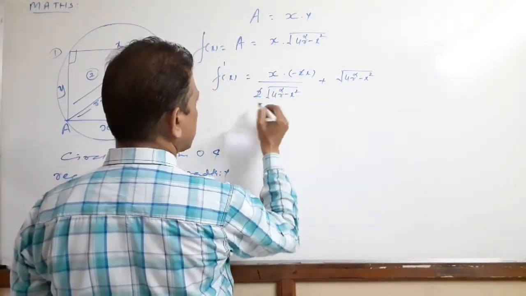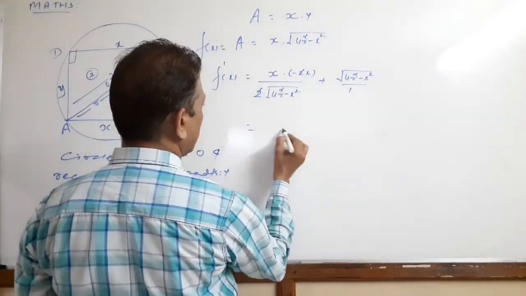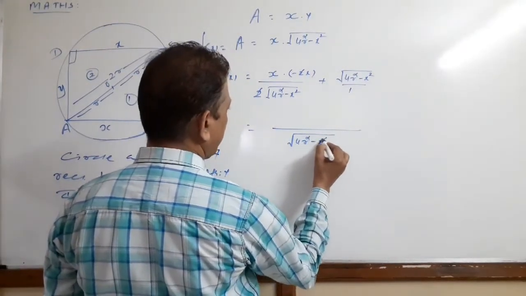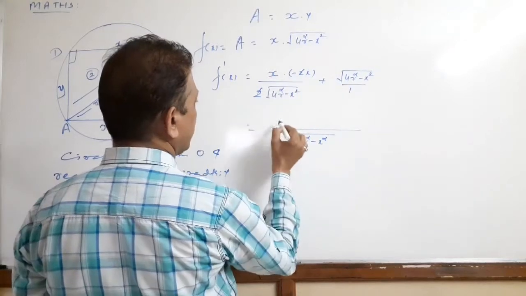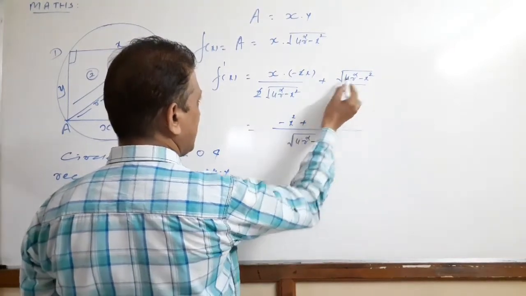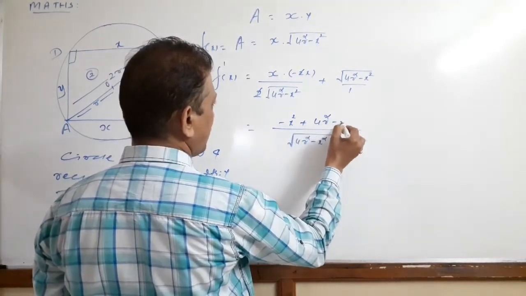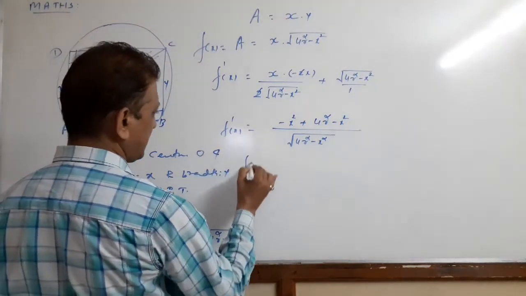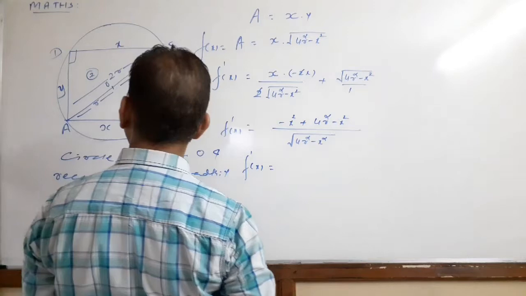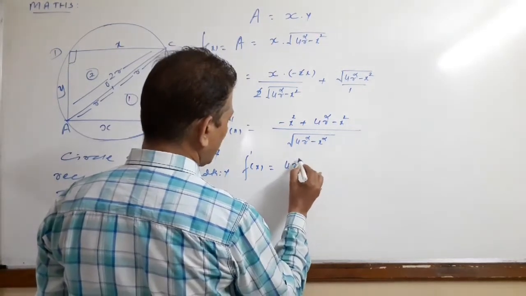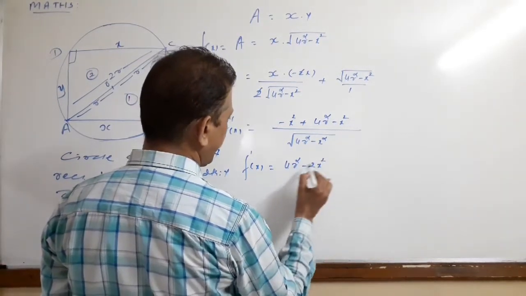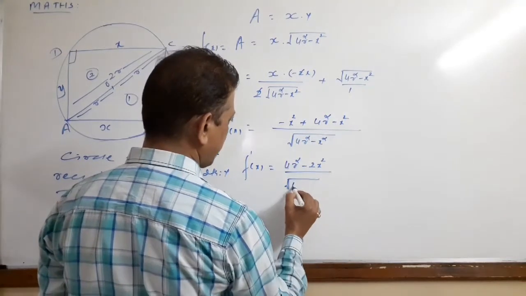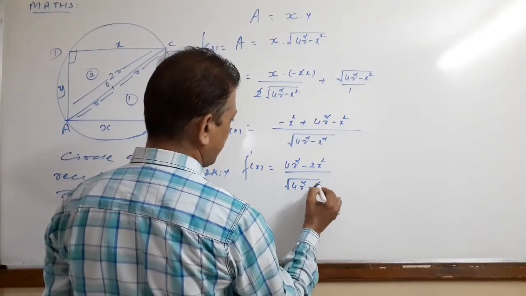Here the 2 cancels. Now take the LCM: minus x square plus 4R square minus x square, upon root of 4R square minus x square. So f dash x is 4R square minus 2x square upon root of 4R square minus x square.